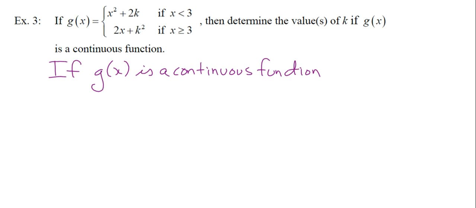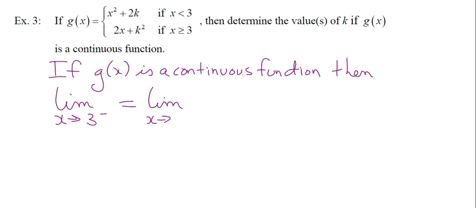Well, let's go a little more formal than that. You're right, but let's lead up to it. If it's continuous, then what are we going to say about the limit as x approaches 3 from below, not the inverse? The limit as x approaches 3 from below must be equal to the limit as x approaches 3 from above.